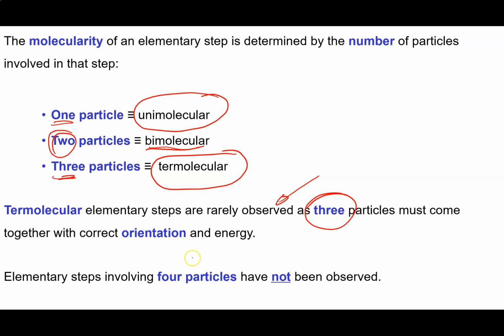And in fact, some people say, well, are there any elementary steps involving 4, 5 or higher numbers of particles? As far as I can tell, and I had a look recently, we've never observed elementary steps involving 4 particles because the likelihood of those particles coming together with the correct orientation and energy is just so low.